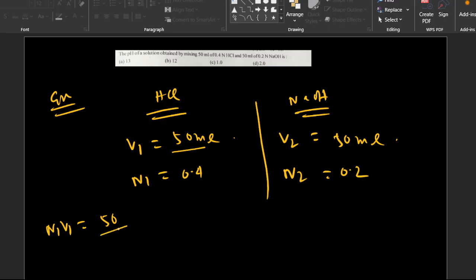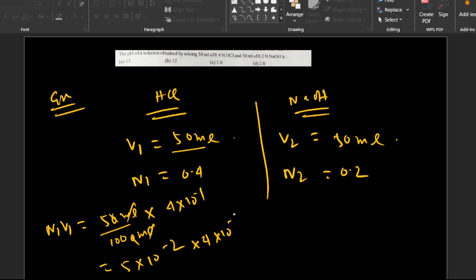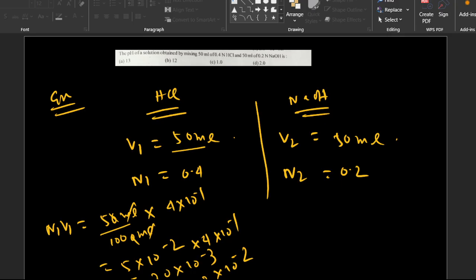Because I want to take it in liters. 1 liter is 1000 milliliters, and this is also in milliliters, times N1 which is 4 into 10 raised to minus 1. So I cancel the milliliters. This is 5 into 10 raised to minus 2 into 4 into 10 raised to minus 1. So this value will be 20 into 10 raised to minus 3, that is equal to 2 into 10 raised to minus 2.